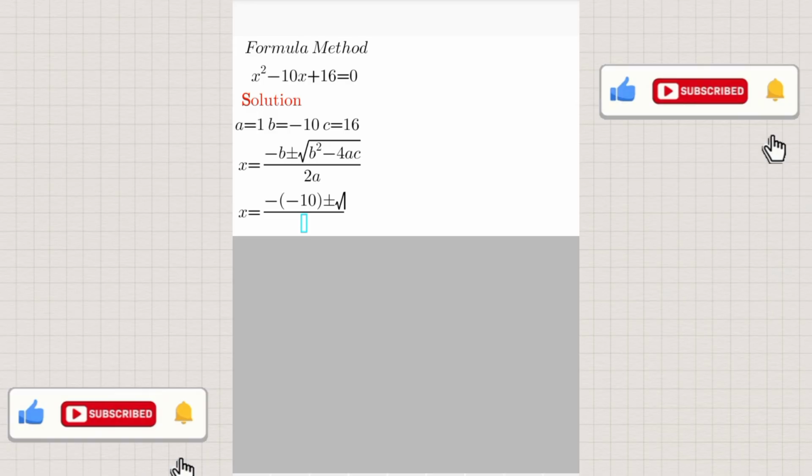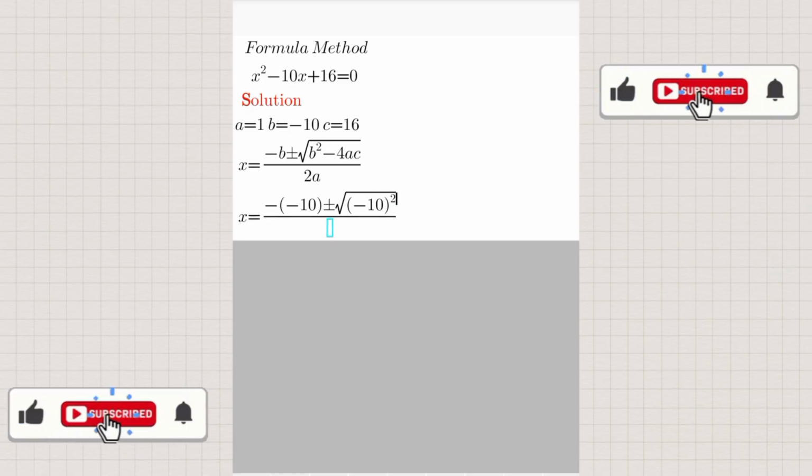Minus 10 to the power of 2, that is minus 10 squared, is what? 100, because minus times minus is plus. 10 times 10 is 100. Then minus 4.